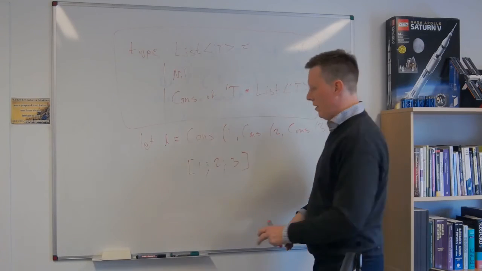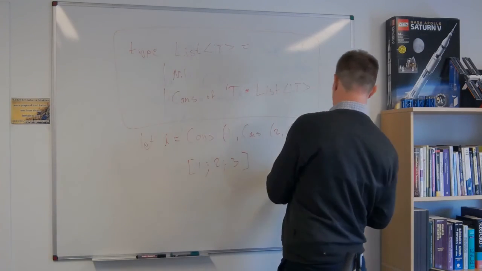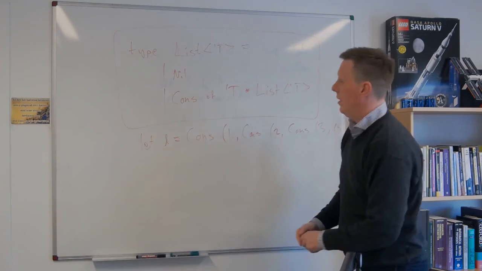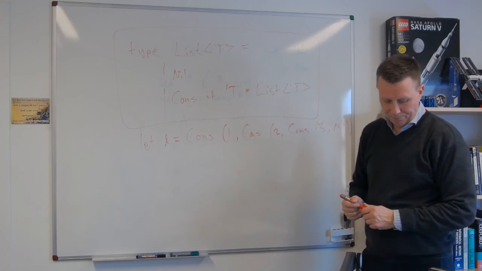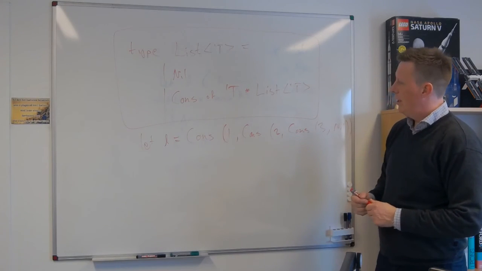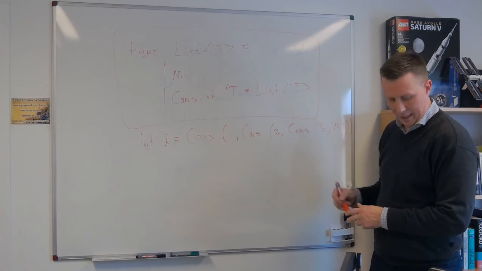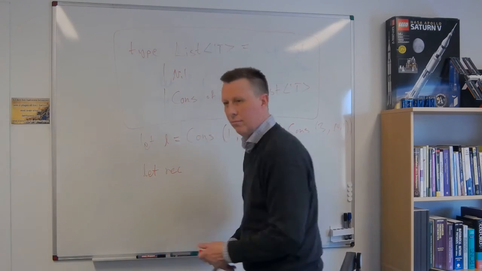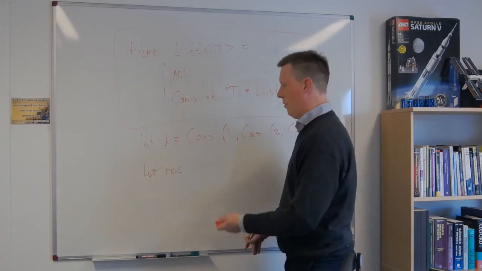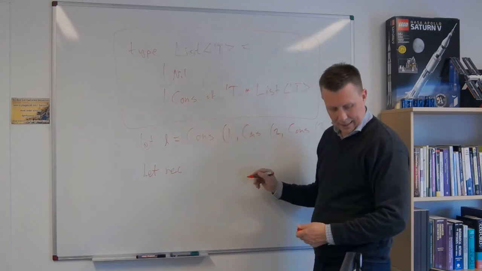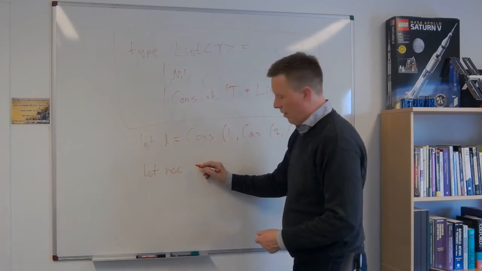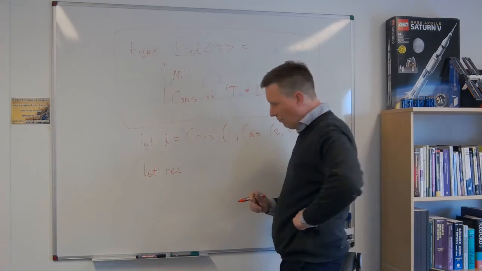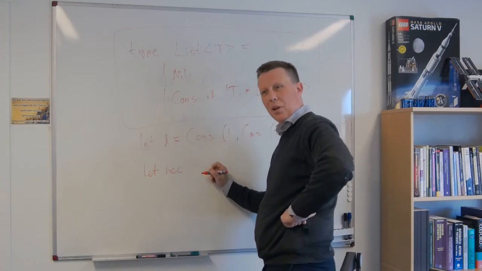Okay, so can we use this thing? So let's write the function which computes the sum of this thing, right? Let rec. I'm gonna recurse, of course. You don't know how many elements we have. And now actually I look here in my notes that I'm going to teach you a little trick.